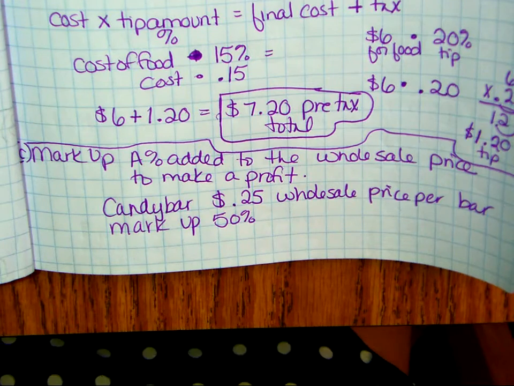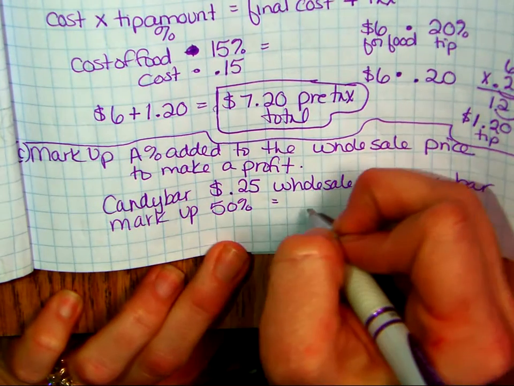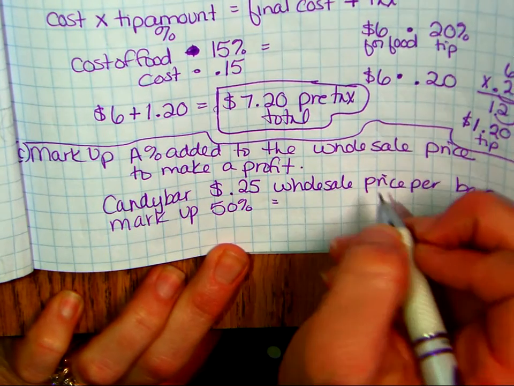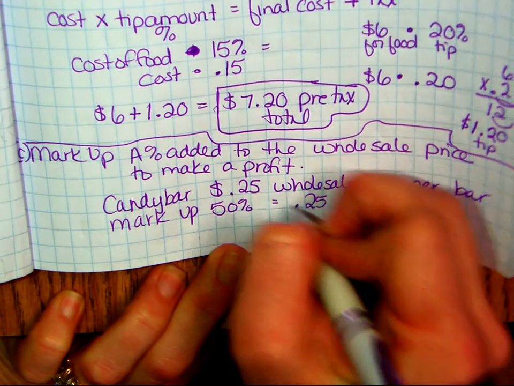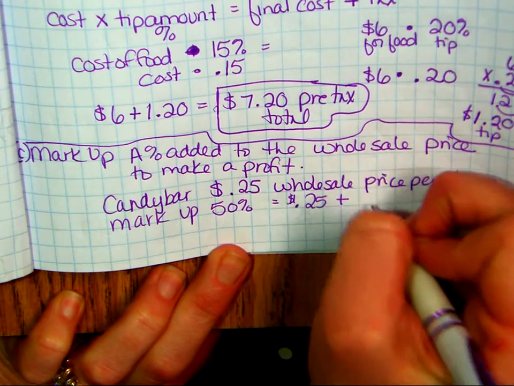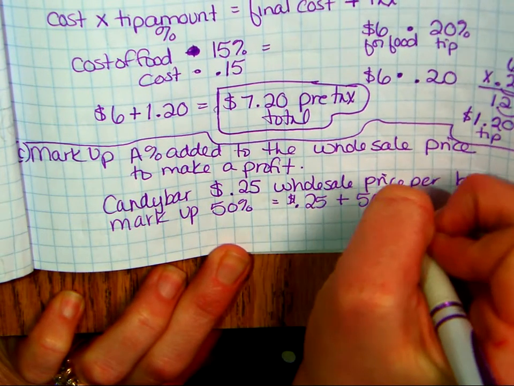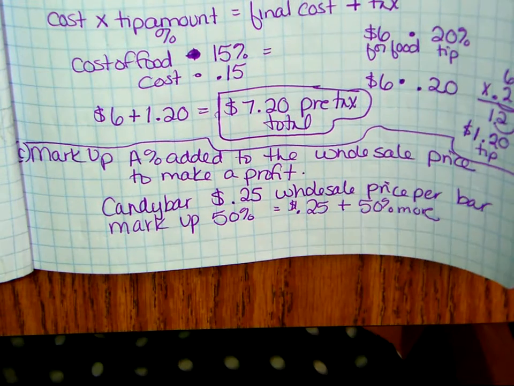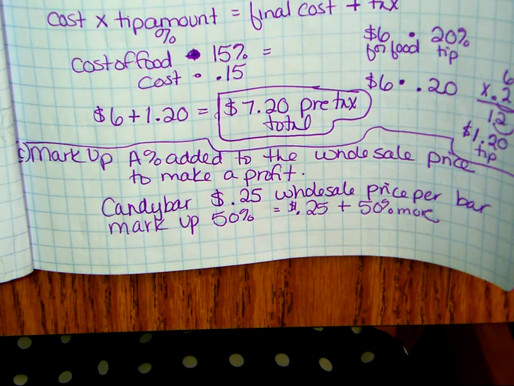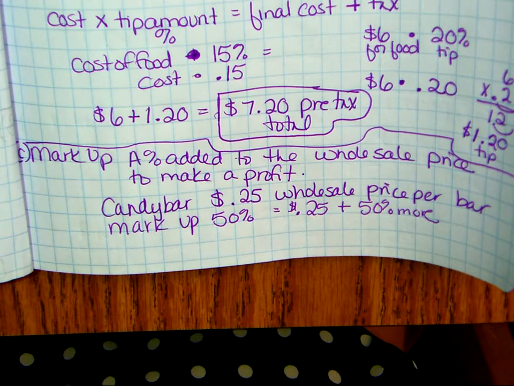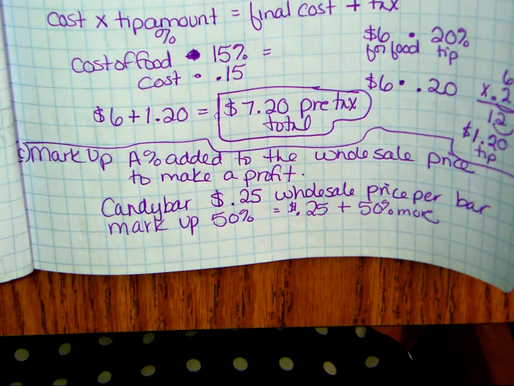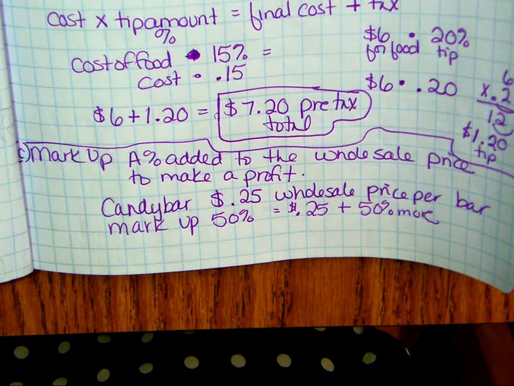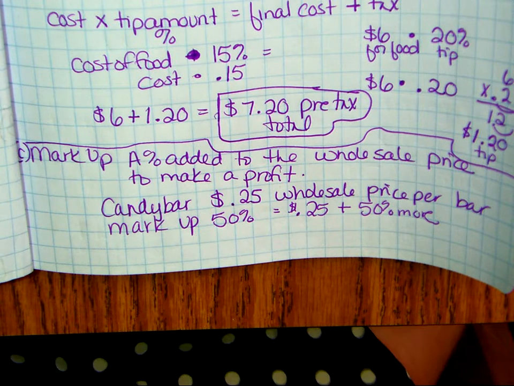That is the full price of the wholesale, which is the 25 cents, plus 50% more. Okay. Can somebody think, how would I solve this? Thinking about tax and tip and what we've already done. William, what could I do to solve it?